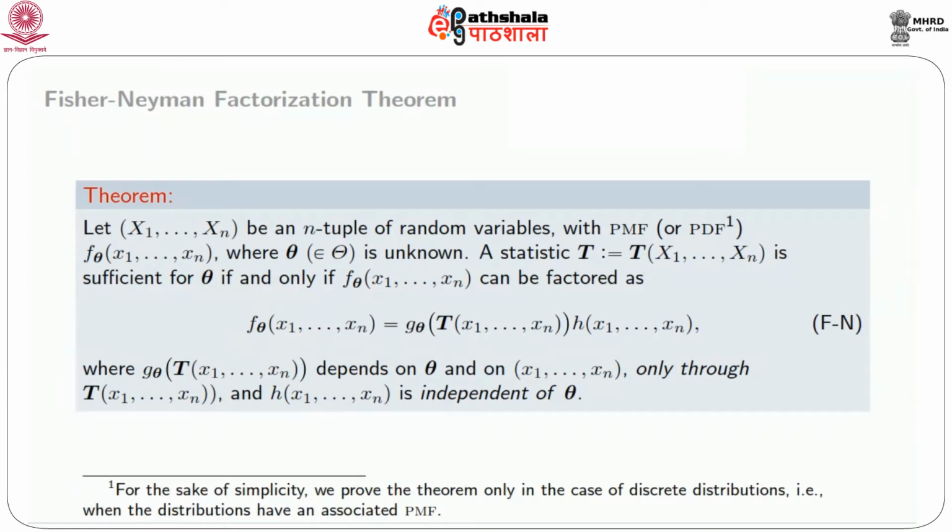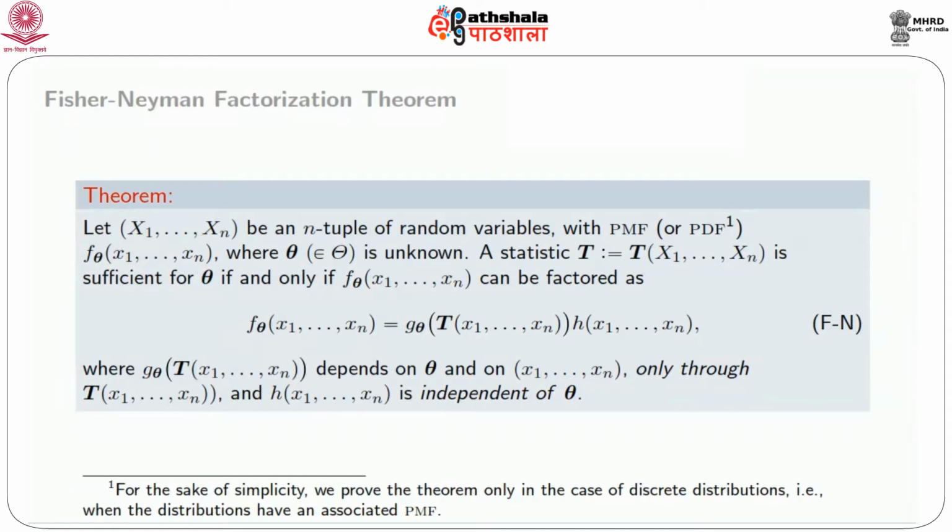Let us state the theorem. Let X1, X2, ..., Xn be an n-dimensional random variable with PMF or PDF given by small f theta (x1, x2, ..., xn), where theta belongs to script Theta. Here theta may be a vector valued or real valued parameter.